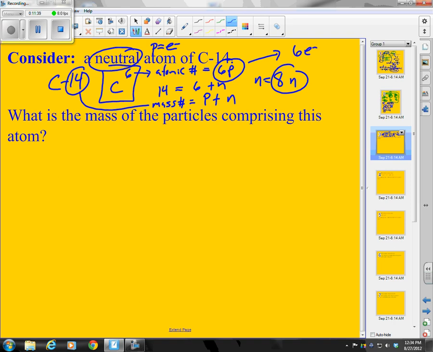Okay, now we can do our math. I have 6 protons. Each proton has a mass of 1.0073 AMU. I have 6 electrons. Each electron has a mass of 5.486 times 10 to the minus 4th AMU.